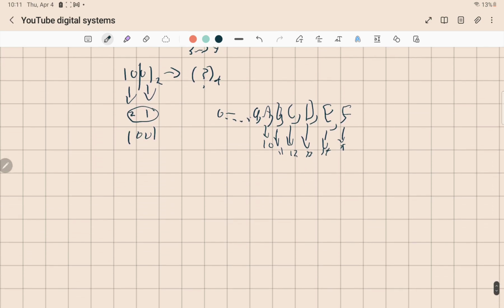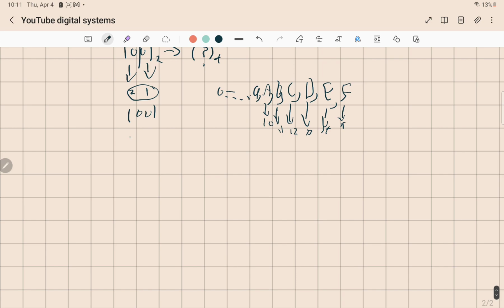Okay, so let's say we want to convert 1, 0, 0, 1, 1, 1, 1, 0 from base 2 into base 16. So since 2 to the power of 4 equals 16, therefore we use 4 digits.